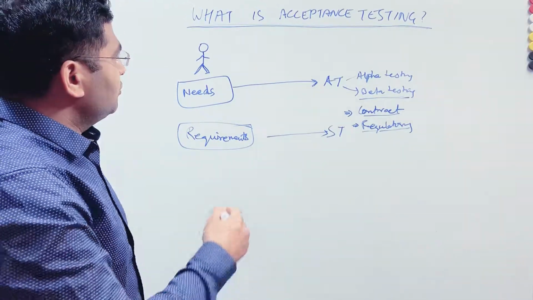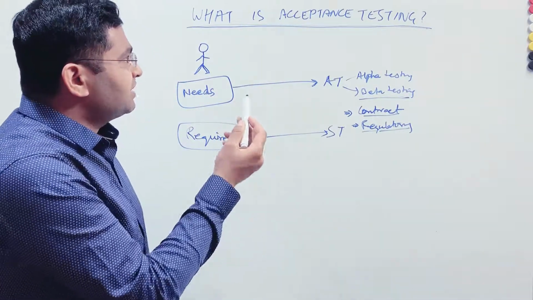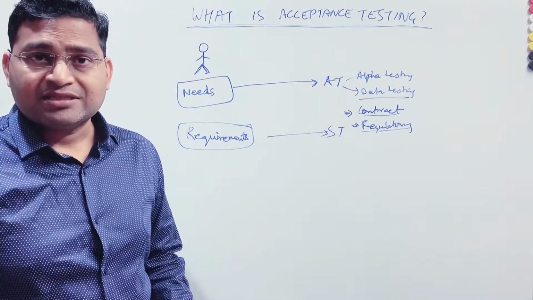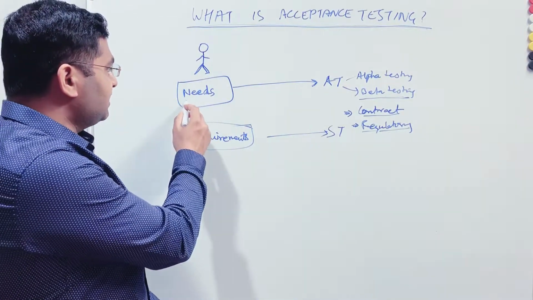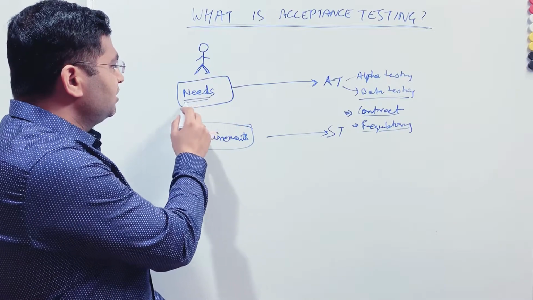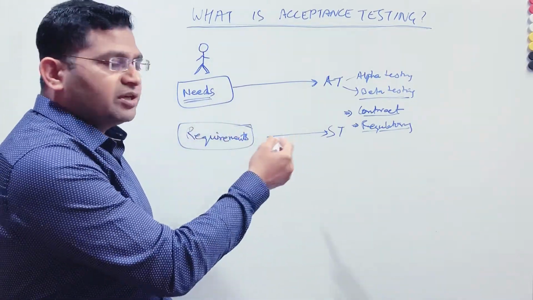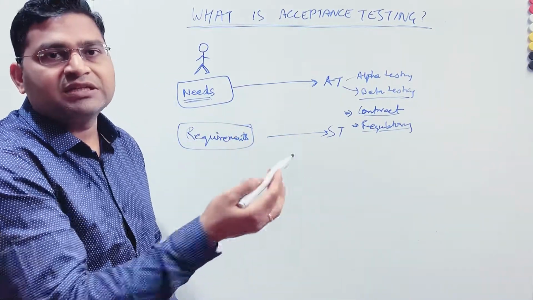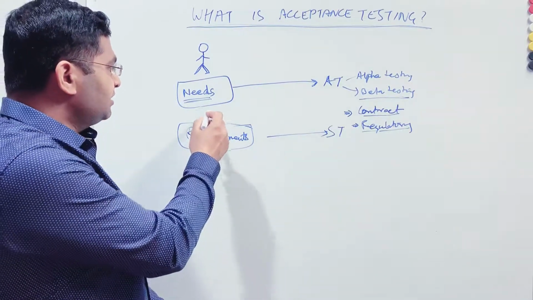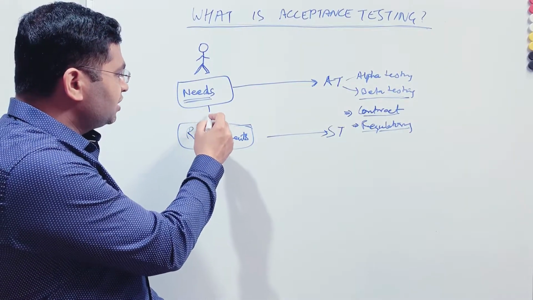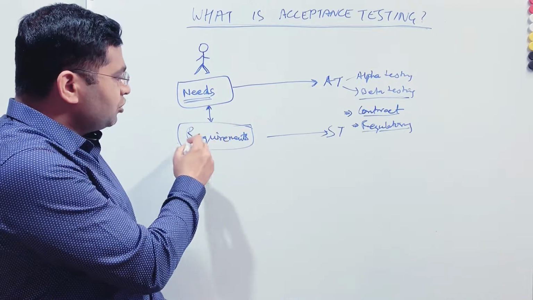All right, so that is all about acceptance testing. Basically, understand it from the needs: verifying whether the software that you are delivering actually fulfills the need of the customer or not, because there might be a gap between whatever he needs and what has been documented in requirements.